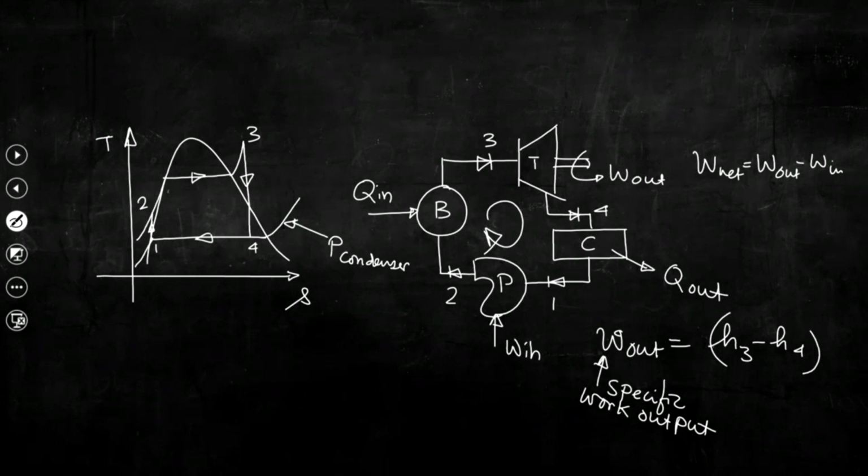Now, if this condenser pressure is atmospheric pressure, say for example, then the saturated liquid at point 1 that would be available at the inlet of the pump will be at a temperature of 100 degrees Celsius.